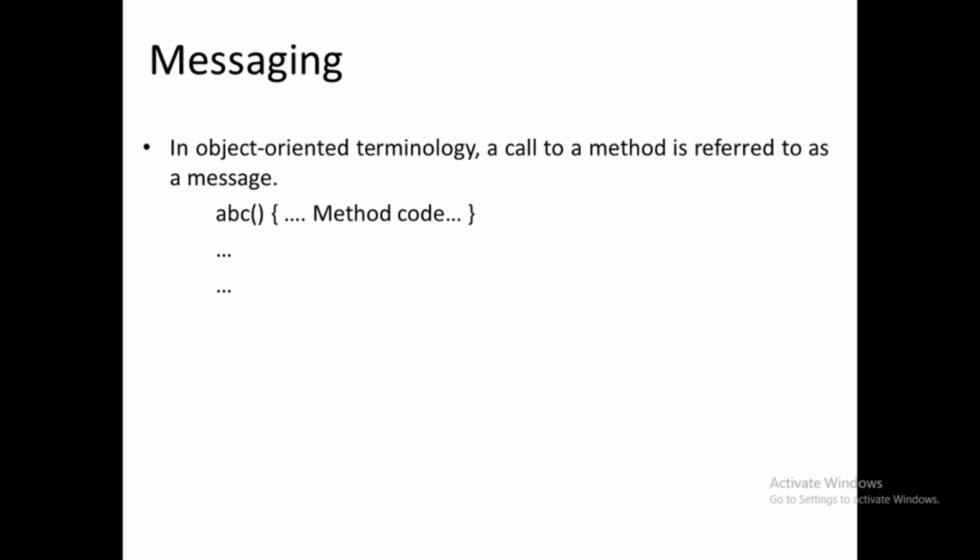After that, a few statements are there, and now if you want to execute this ABC function, you can call it using the function name, for example ABC. So this is known as messaging. In other computer programming languages, this is known as a function call. Same thing in object-oriented technology is known as messaging.